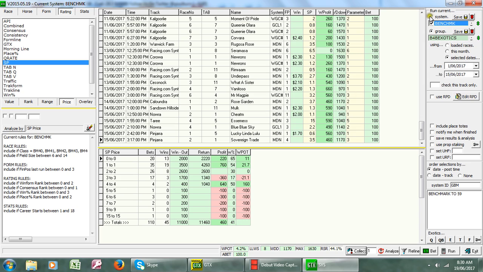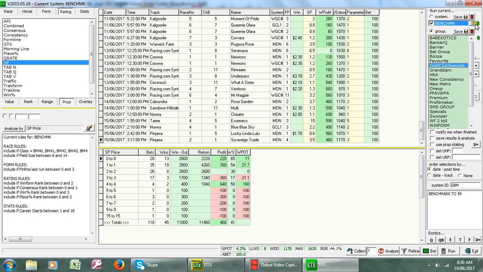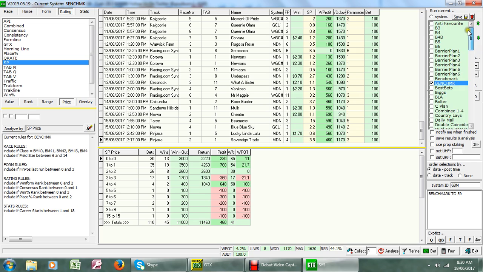Alright, let's have a look at how I create a little system here. If we look at our group, okay, we're looking at our Gold Club specials. If I look in here at the system section, I'm using a selection plan called Benchmark, which is actually related to the lower class races equivalent to a Class 1. I'm using, you may be familiar with Gavin, who's doing some work for us.